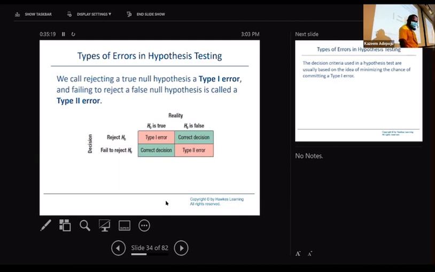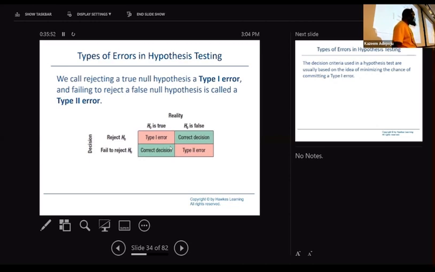So the two types of error in the court of law are also the two types of error in research. Look at that. For the type 1 error, the null hypothesis is true and it is rejected. For the type 2 error, the null hypothesis is actually false, but it's not rejected. And the one in green is the correct decision. What is the meaning of that? The null hypothesis is true and you fail to reject, or the null hypothesis is false and you reject it.